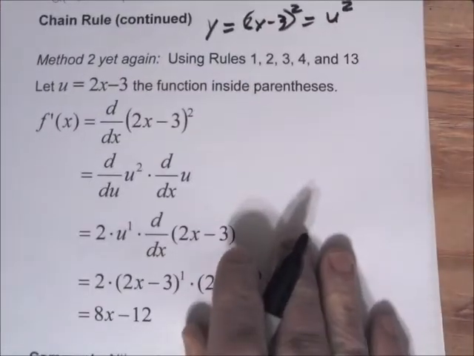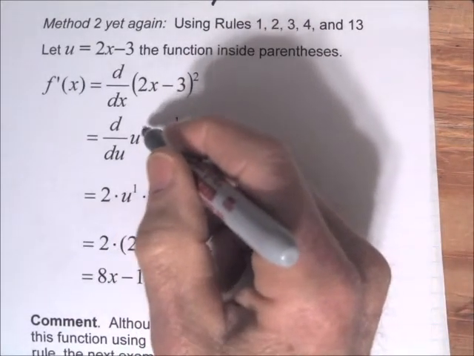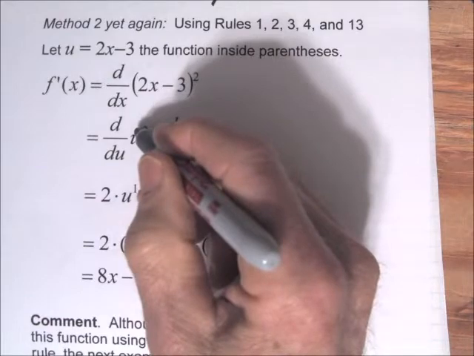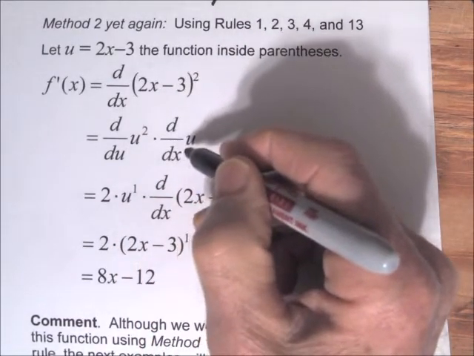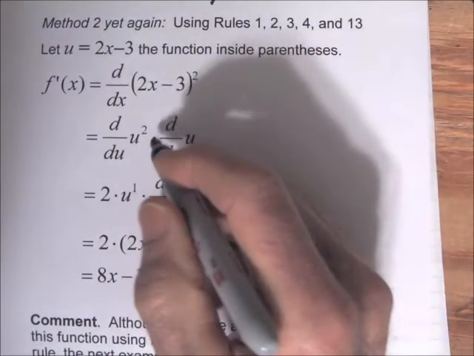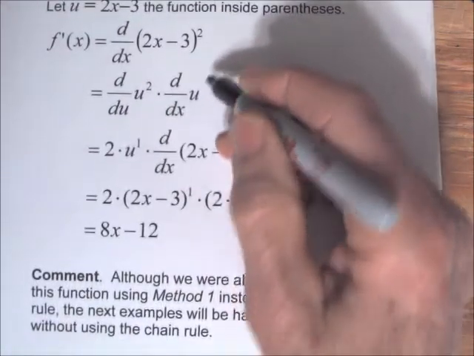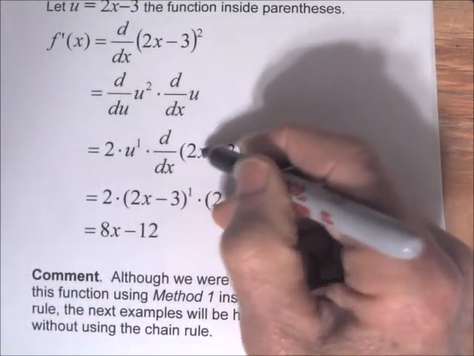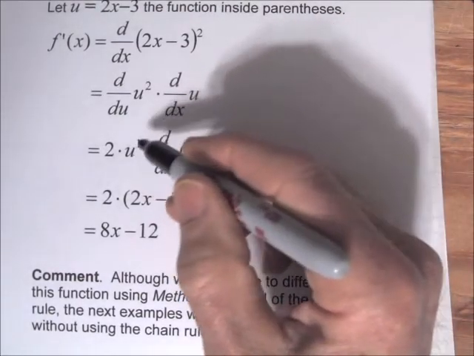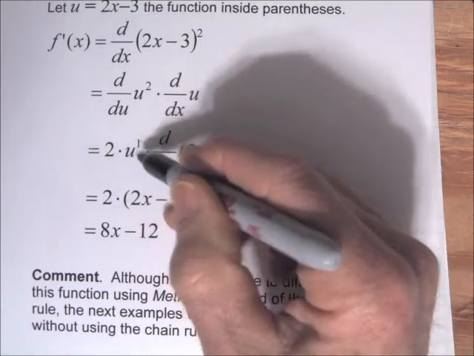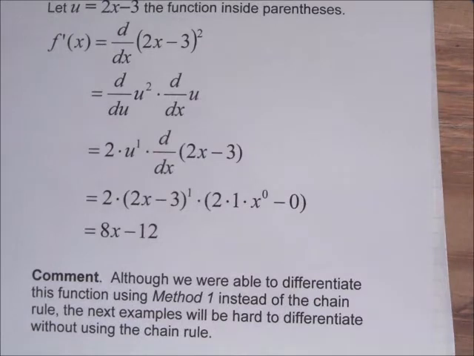We're just doing a substitution there. So using Leibniz notation, this is the derivative of u squared with respect to u times the derivative of u with respect to x. The derivative of u squared is 2 times u to the first power, and the derivative of u, replacing u by 2x minus 3, is just 2. And here we replace u by 2x minus 3 again, so it's 2 times 2x minus 3 times 2, 8x minus 12.